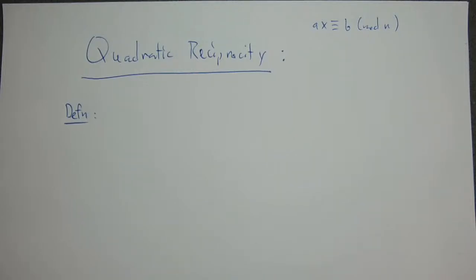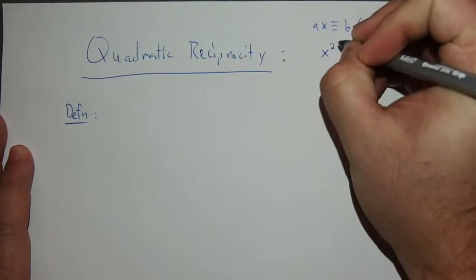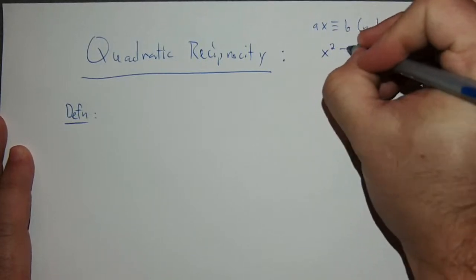But we haven't really discussed this at all, because in order to discuss this, it requires some more machinery. So what we're discussing then is solving something that looks like this.